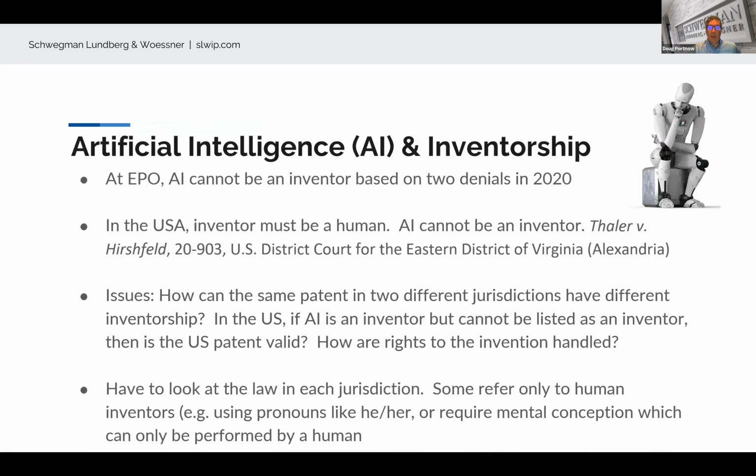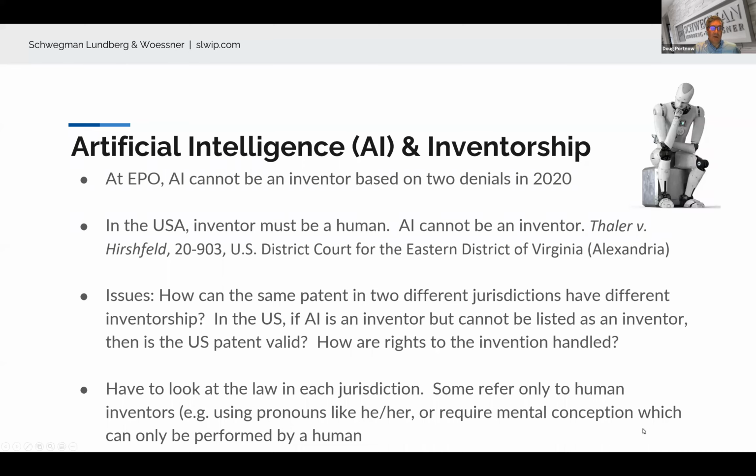In the European Patent Office jurisdiction, the EPO has said AI cannot be an inventor. And there were two denials of that in 2020. And very recently, we had the Thaler case in the US, where a US district court in Virginia held that the inventor must be a human, cannot be an AI.